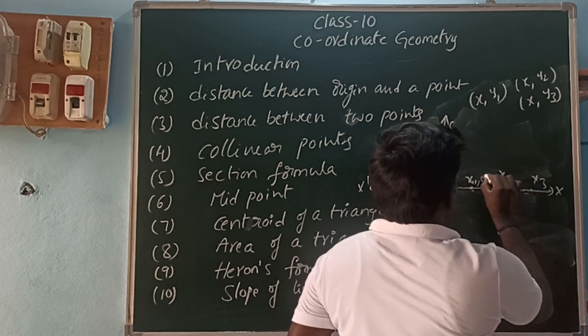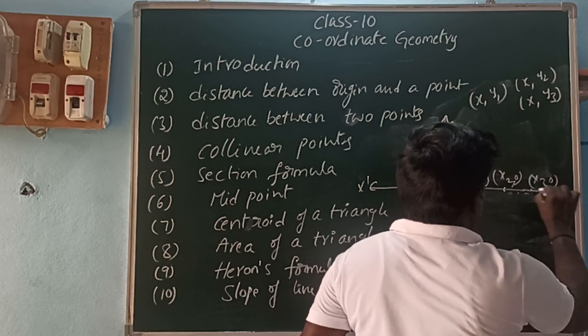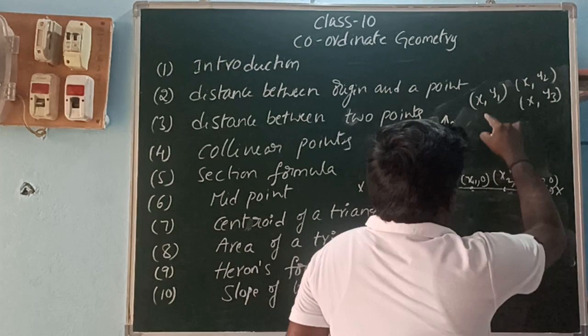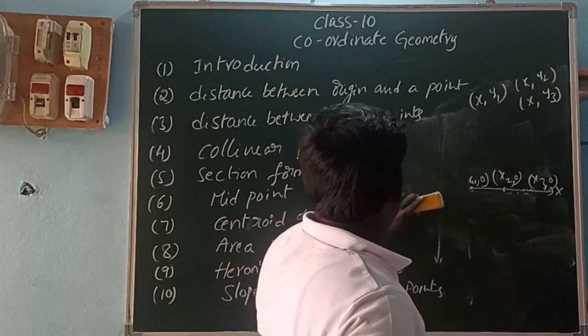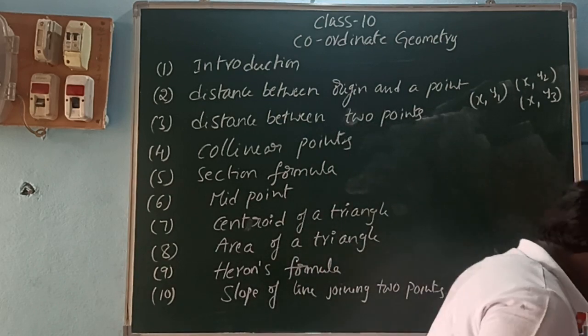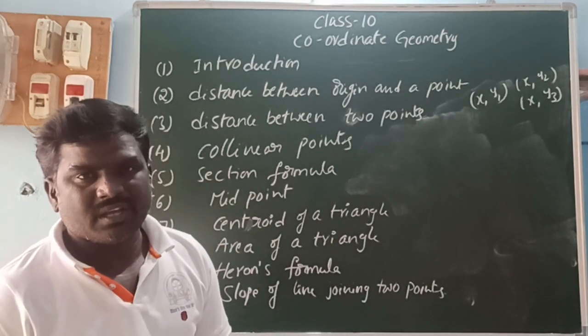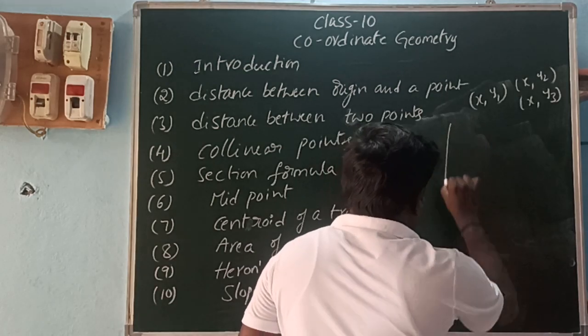So the points are x1 comma 0, x2 comma 0, x3 comma 0. So the points having x coordinate same form a line which is parallel to y axis.